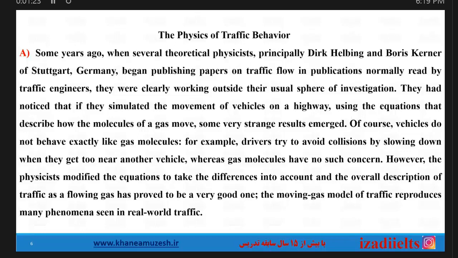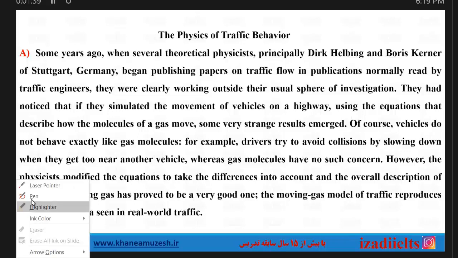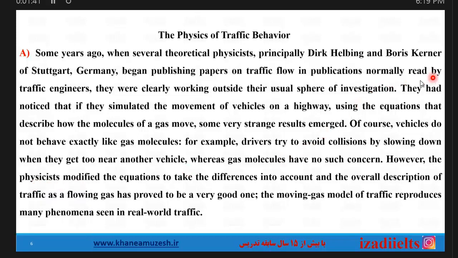Some years ago, when several theoretical physicists, principally Helbing and Boris Kerner of Stuttgart, Germany, began publishing papers on traffic flow in publications normally read by traffic engineers, they were clearly working outside their usual sphere of investigation.